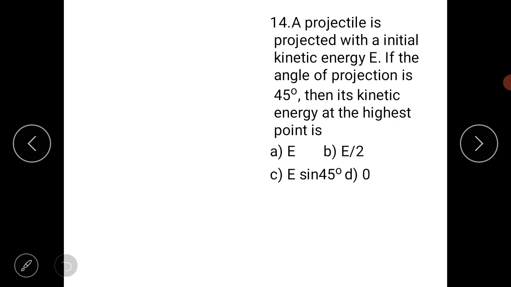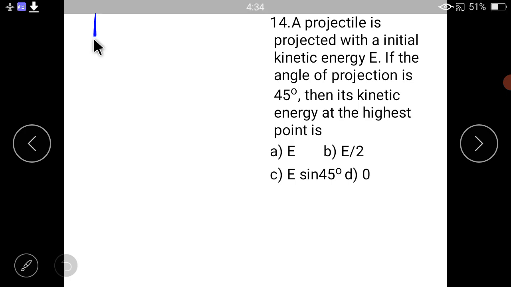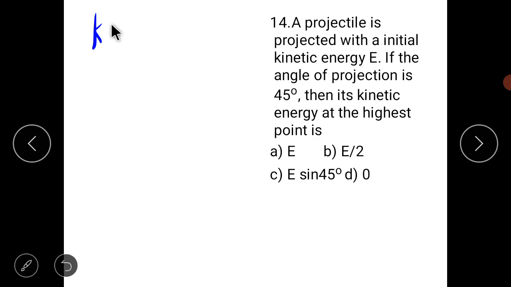Already all of you know the kinetic energy is half mv square.